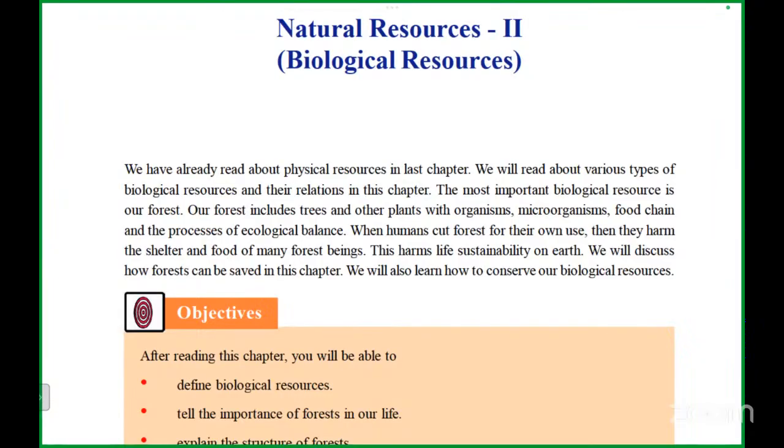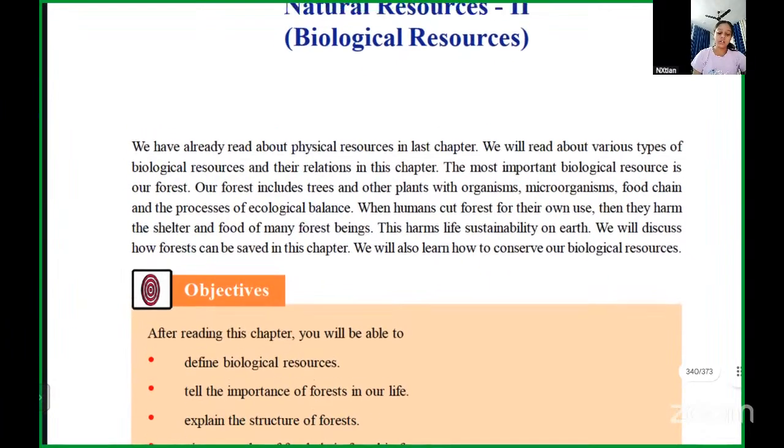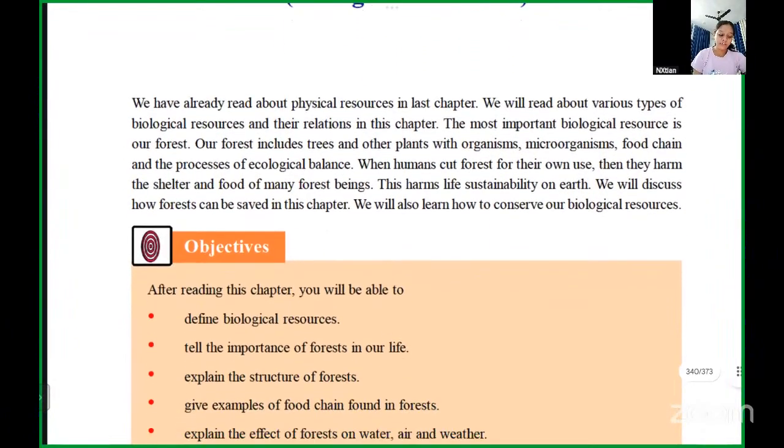Natural resources and biological resources. Natural resources we talked about in the first chapter. Those things that are obtained from nature, such as soil, air, water, are all natural resources. This chapter we will talk about biological resources.